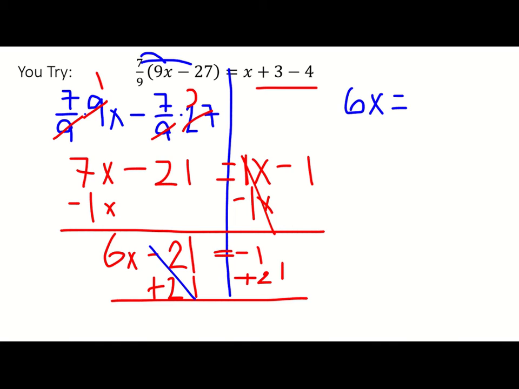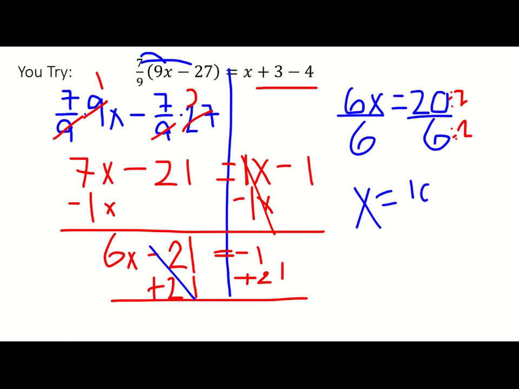Again, you can also think about it as 21 minus 1, which is 20. Divide by 6. Now 6 doesn't go into 20, but 2 goes into both of these numbers. So if I simplify this fraction, I'm going to get 10 over 3. So our answer to this equation is x equals 10/3.